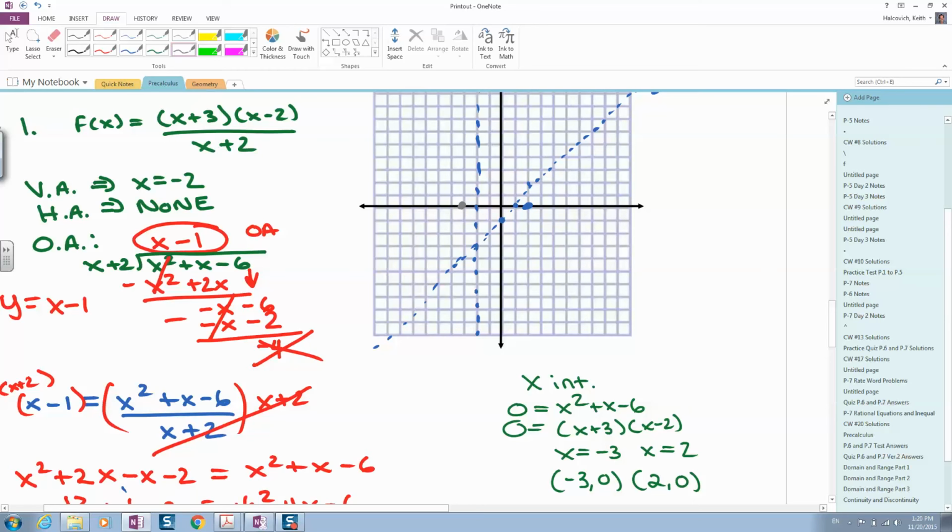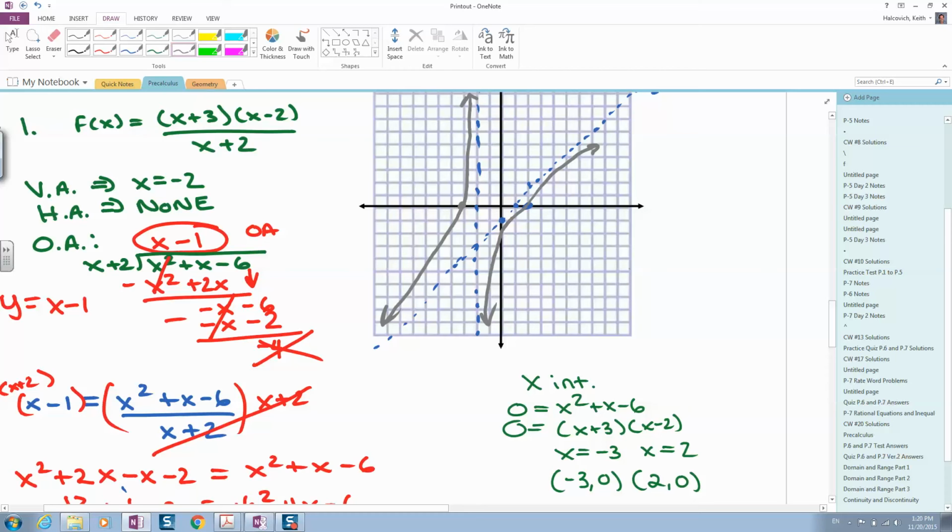Since the oblique asymptote is never touched, you know that the graph is going to go close to it but never touch it. And it's also going to go close to it this way and never touch it. Here, same thing. It's going to go down through the point and to the asymptote in that direction as well. So there's your graph of this function.